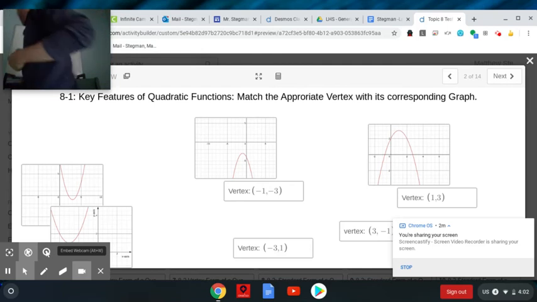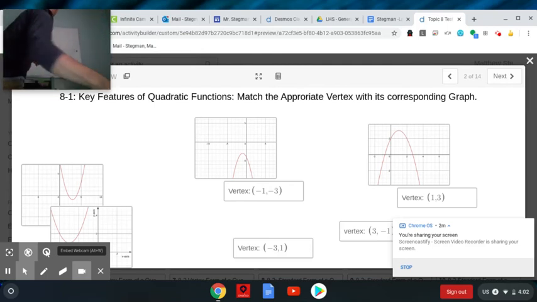So when I look at a quadratic, let's say I've got my coordinate plane right here, and I've got one that looks like this.